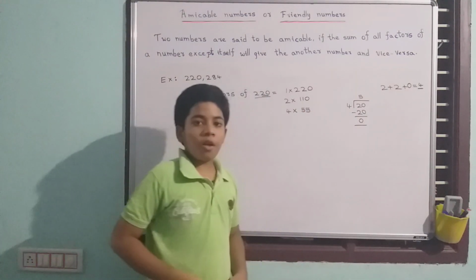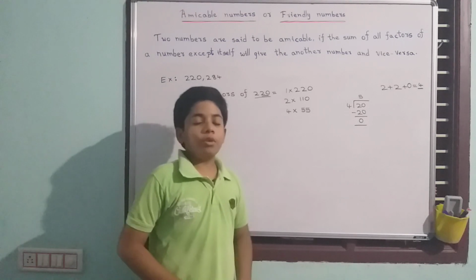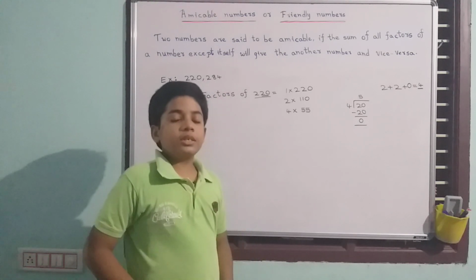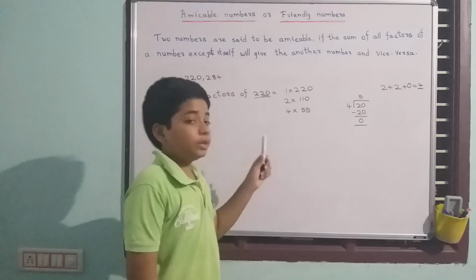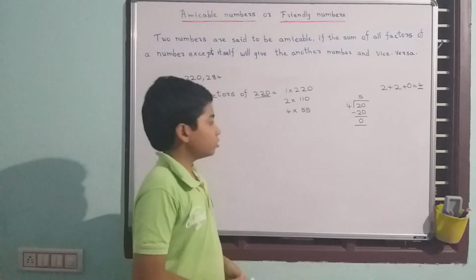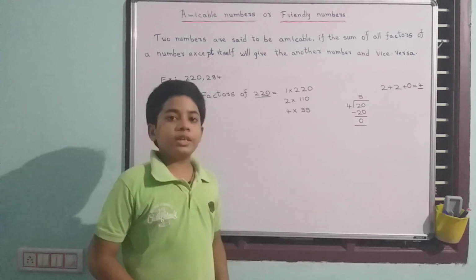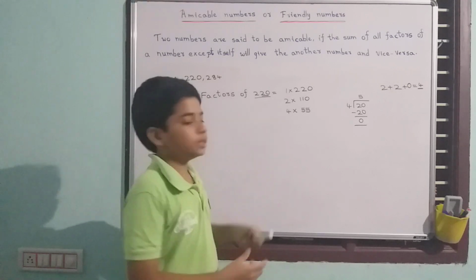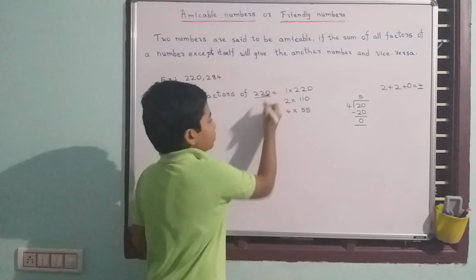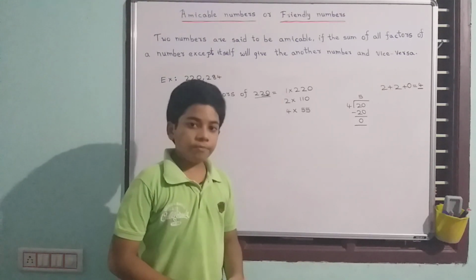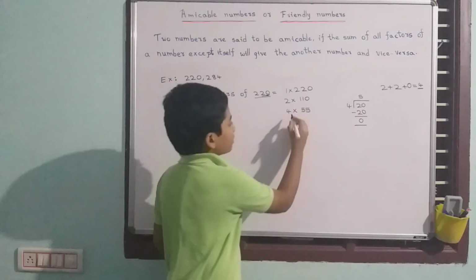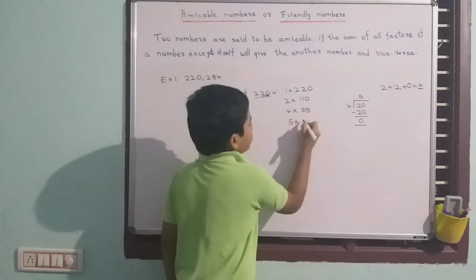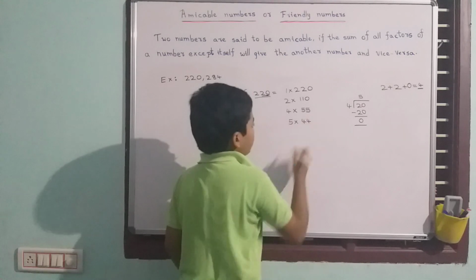Let us check with 5. The divisibility rule of 5 is the unit digit has to be 0 or 5. The unit digit of 220 is 0. So 5 is a factor of 220. 5 times 44 is 220.